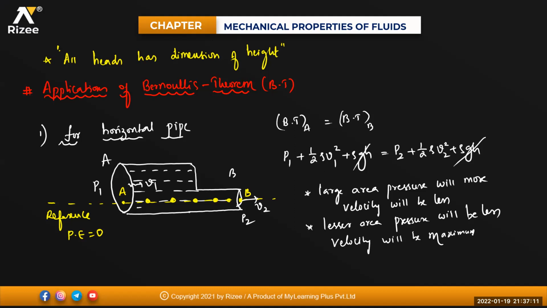That means I can say here that P1 is greater than P2 and V2 is greater than V1. Clear? In this case, P1 is greater than P2. Very important relation.